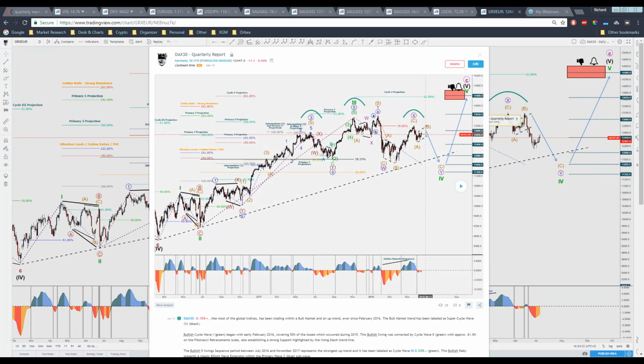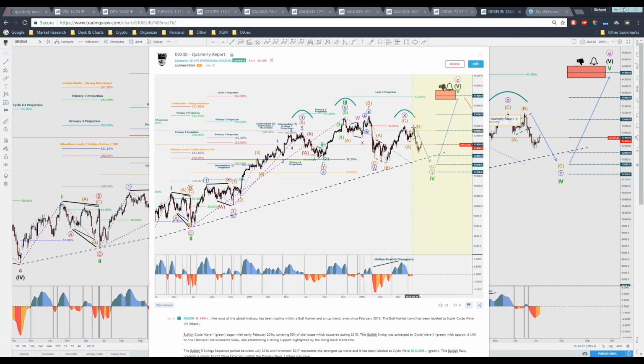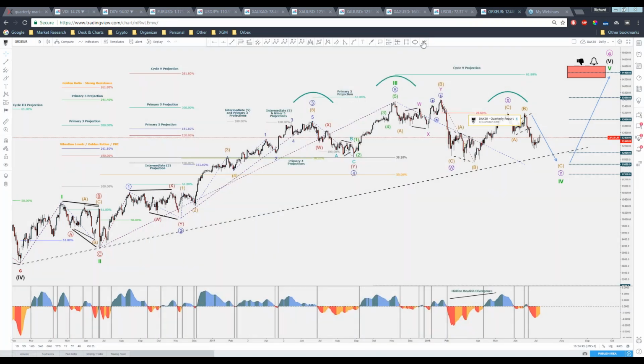Right here, I said that it could possibly start falling. This is the daily chart, and it did. So we'll see if this ultimate swing occurs, and we'll see what it will do here, because if this happens, it could gain support, and this could be the end of wave 4, cycle wave 4, green.